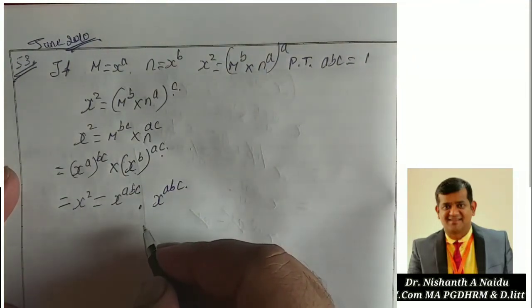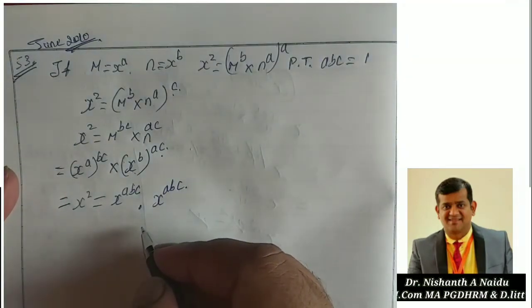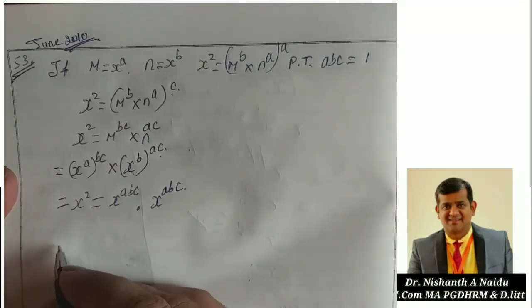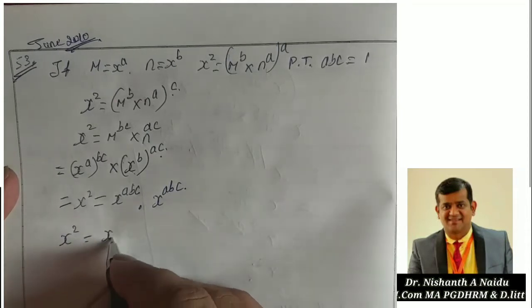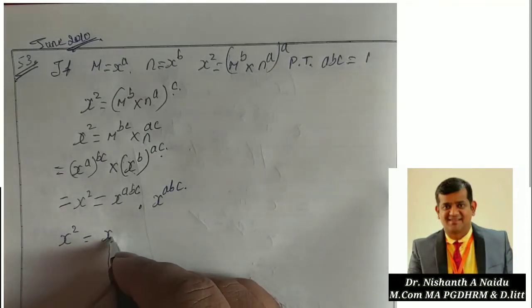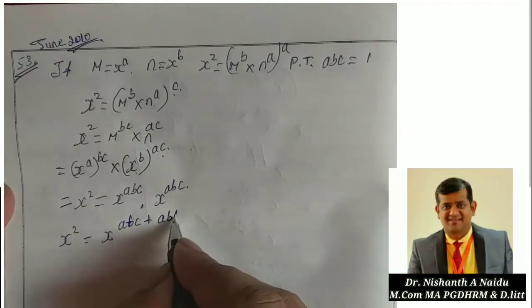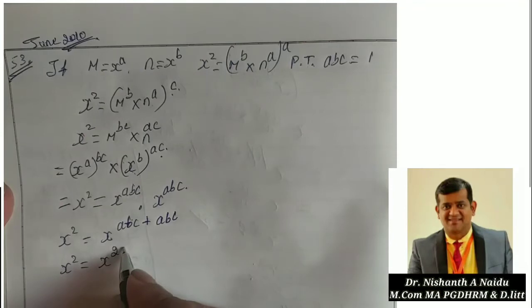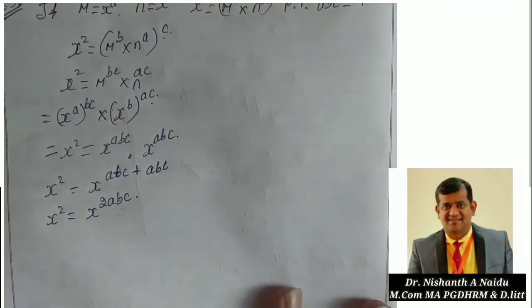Hence bases are same, powers should be added. That is x to the power of 2 equals x to the power of abc plus abc, so x to the power of 2 equals x to the power of 2abc.